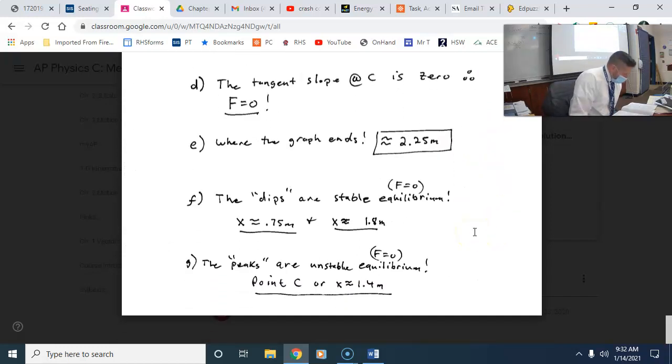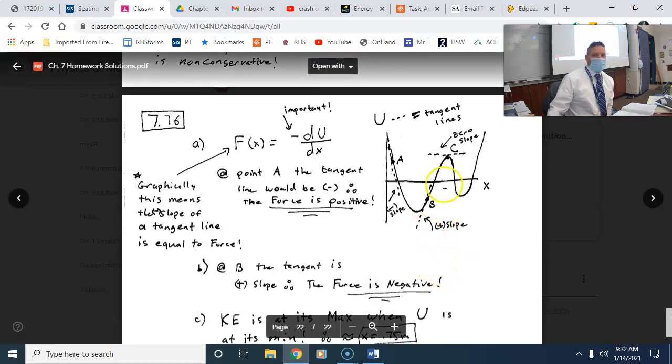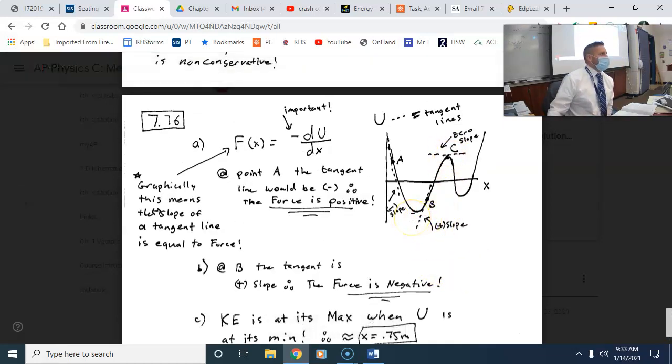F. What value or values of x correspond to points of stable equilibrium? So we said peaks and valleys are equilibrium, but which one's a stable equilibrium? The bottom, the valley, right?